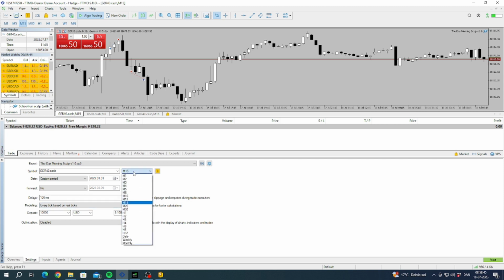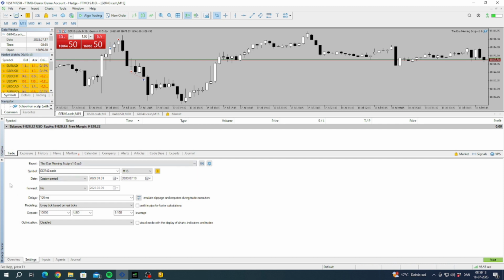So even if you mess up and you choose the 5-minute time frame by accident, it will still only use the 15-minute time frame to trade off of, which is also kind of nice, because you can actually have your chart on a different time frame and the strategy will still execute properly on the 15-minute time frame anyways.